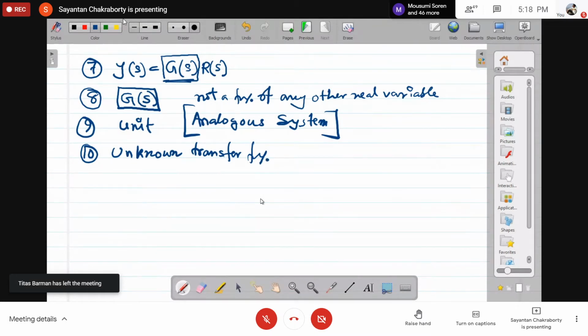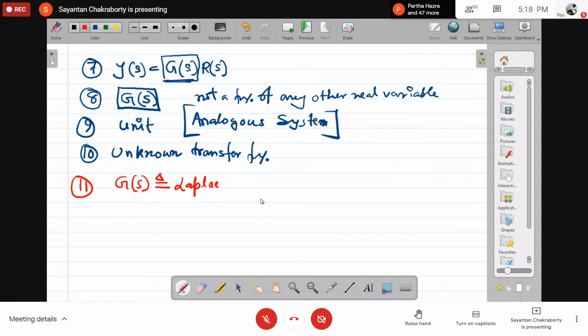The final point that I want to conclude with is that this transfer function between a pair of input and output can also be defined as the Laplace transform of the impulse response.